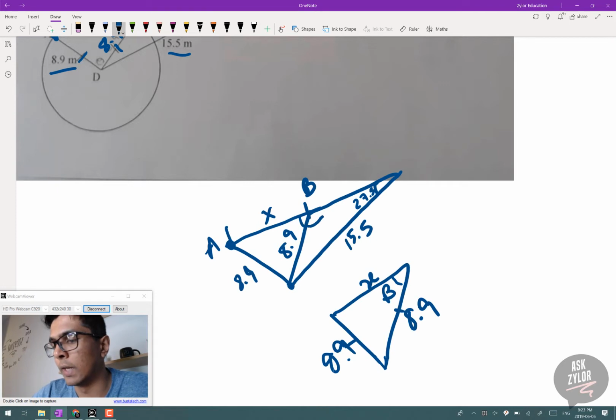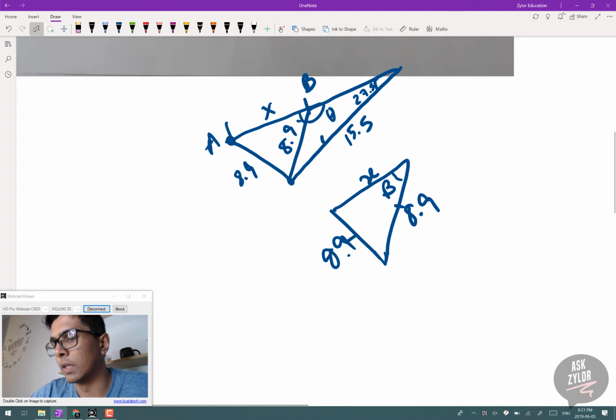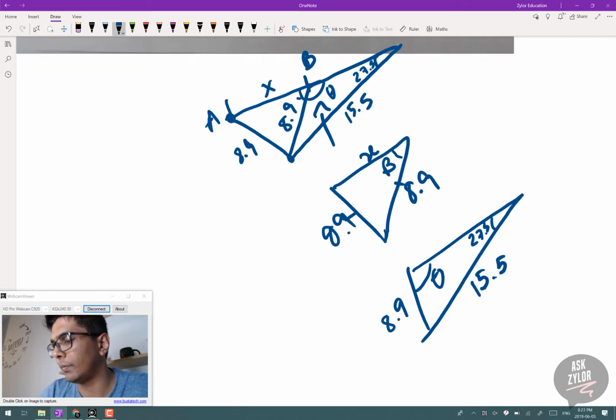In order to find that angle, we need to find this one, right? Because angles in a line add up to 180, so if we find this one, we can find the other one. So that means we have to solve this triangle first, right? So if we know this is theta, this is 15.5, this is 27.5, and this is 8.9.